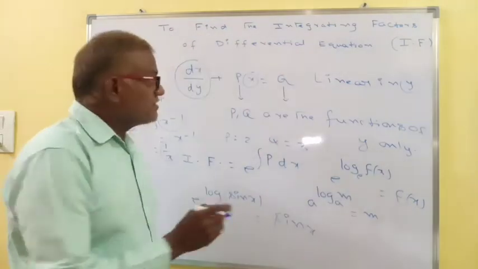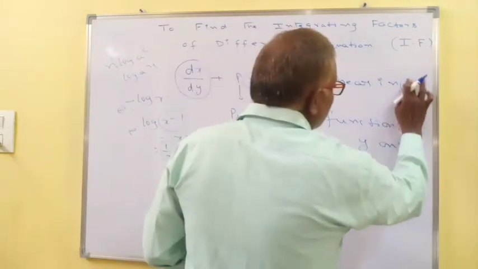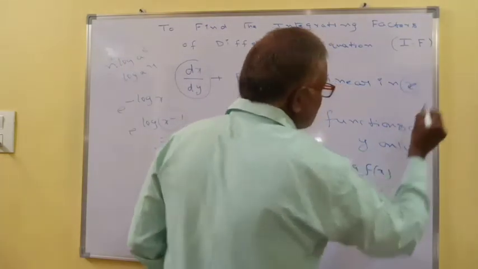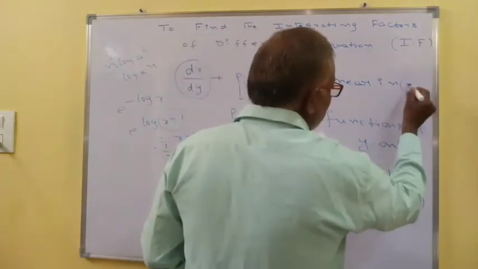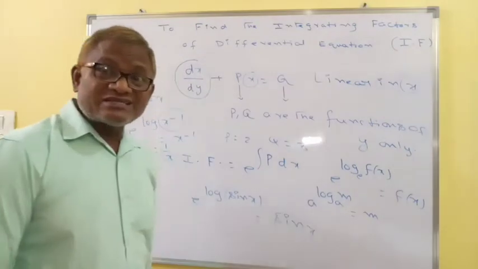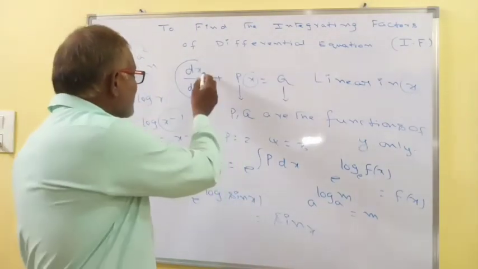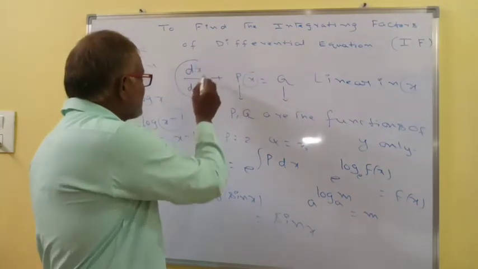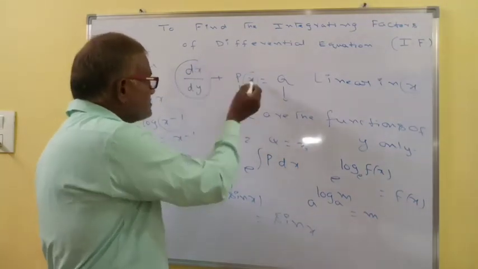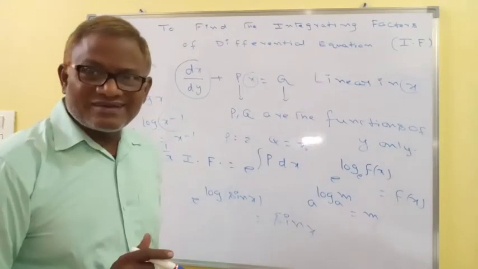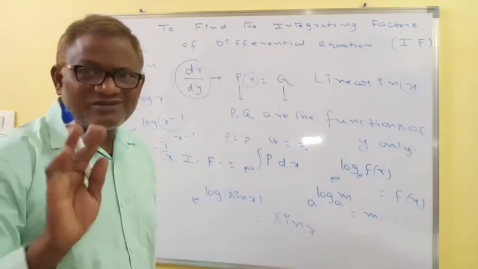So this is called linear in x, a linear differential equation in x. Here remember the same condition: the differential quotient and x may not multiply together.